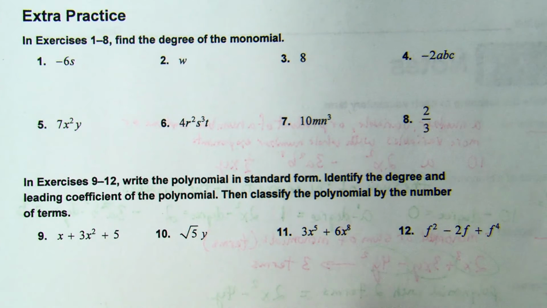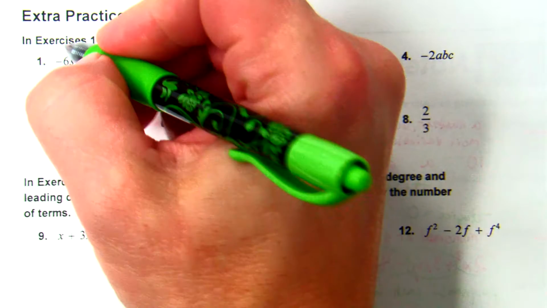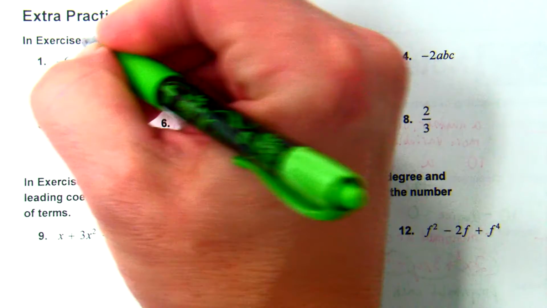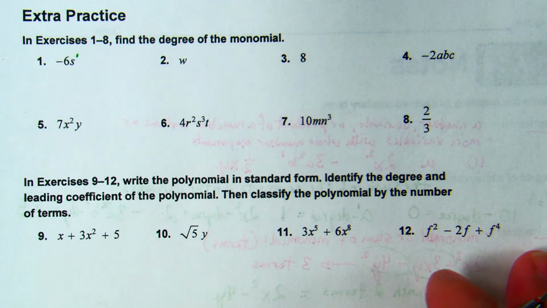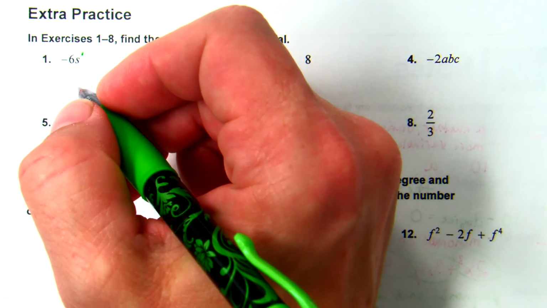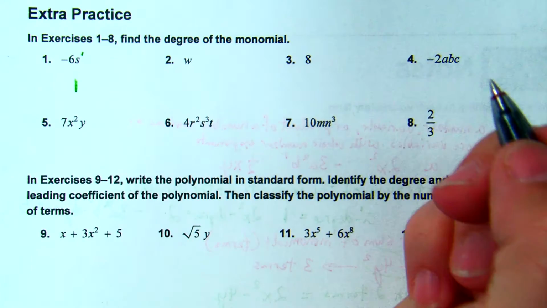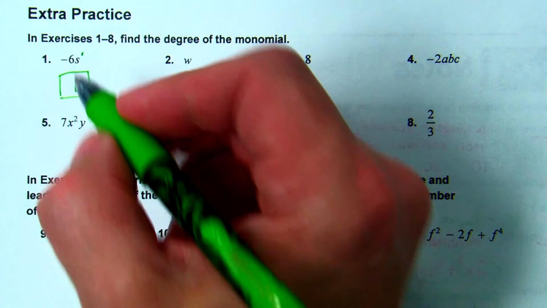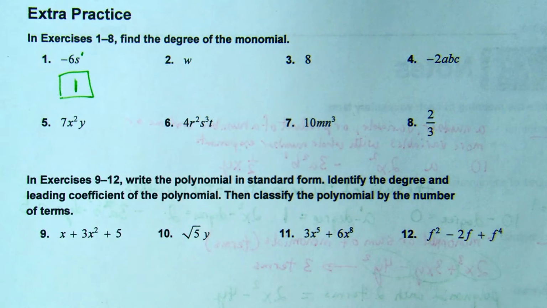So on the first one, what is the degree of the monomial? We have an s to the first power. What is the degree of the first term? It's just simply 1, right? It's the number of variables that we have in our term.